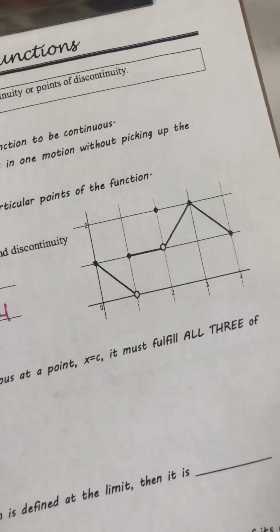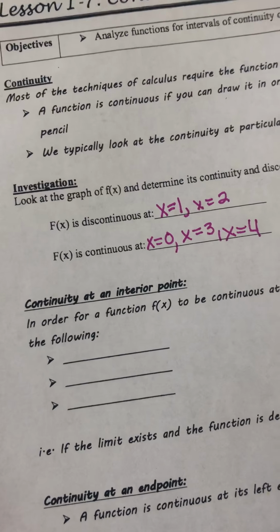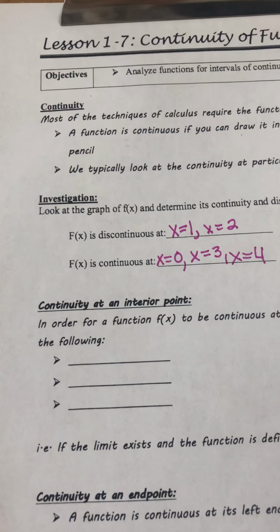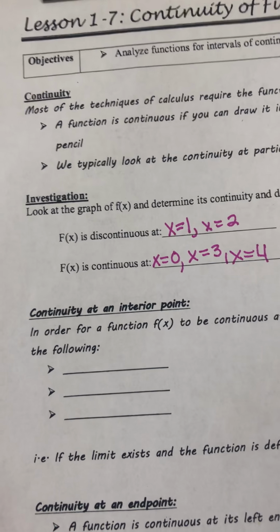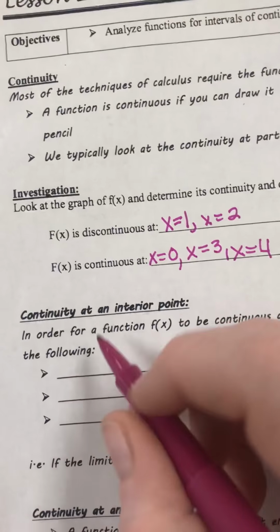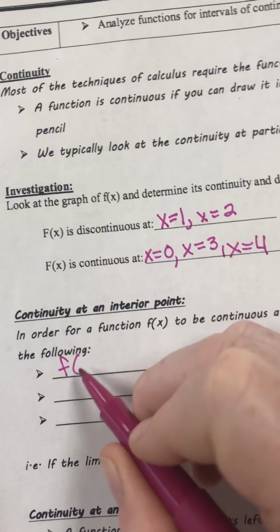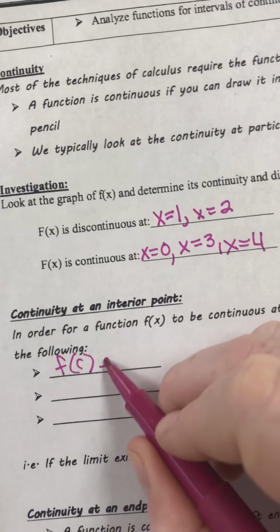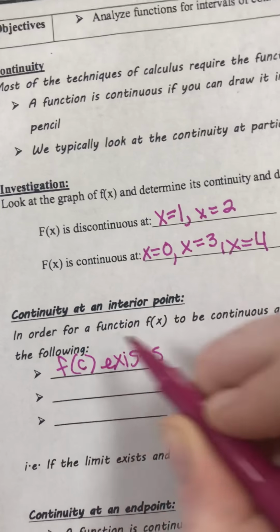At f of 4. All right, so in order for a function to be continuous at a certain point, it must fulfill all 3 of the following, okay? So f of c, the point where it's continuous, f of c has to exist. So f of c exists, meaning it's defined there.